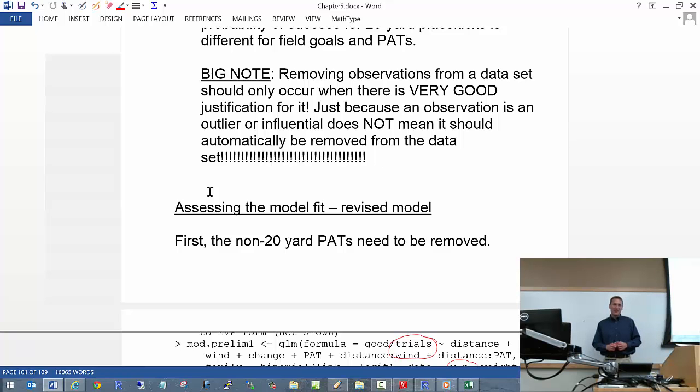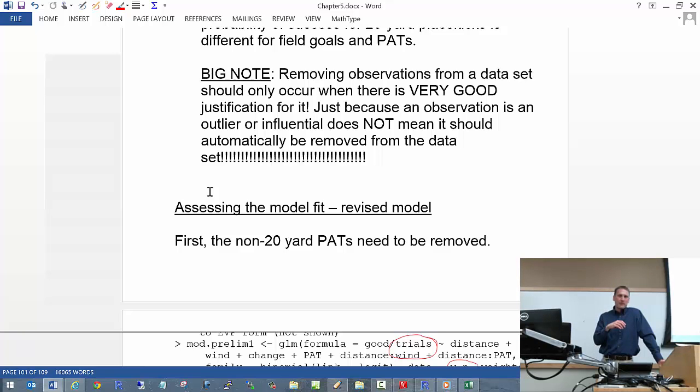I did want to emphasize this for the following reason. A number of years ago when I was teaching this course, I went through the same example here, and I gave my students a project where they had to, for a particular data set, find the best model, similar to what we were doing here. And this group that was working on a project did those plots similar to what I did, and they saw there were a few observations outside those plus or minus 2 lines, and they said, "Oh, okay, I'm removing all those observations from my data set."